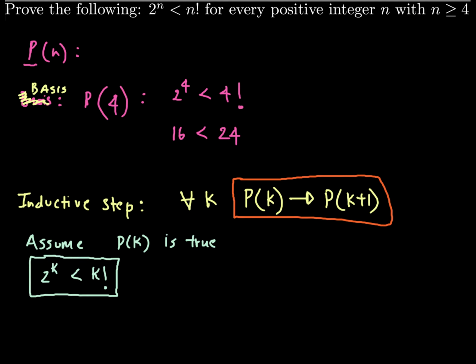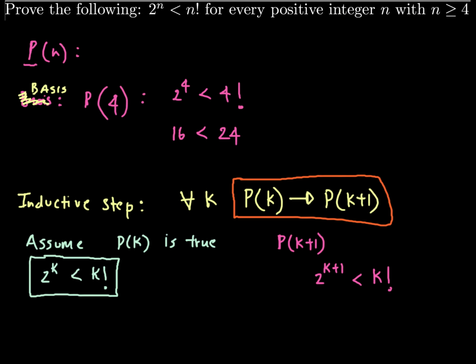Now, if it's true for this k, can I show you whether P of k plus 1 is actually true as well, which is 2 to the power of k plus 1 is less than k plus 1 factorial. I don't know this right now, but we're going to use mathematical induction to prove that this is also true if P of k is true.